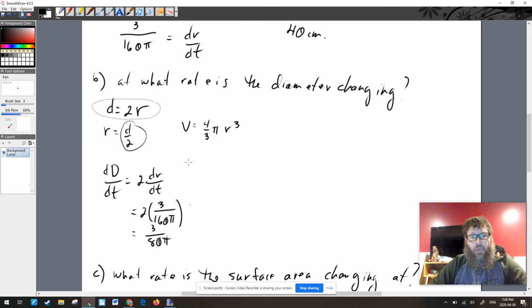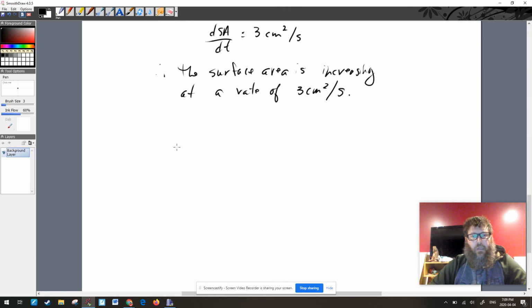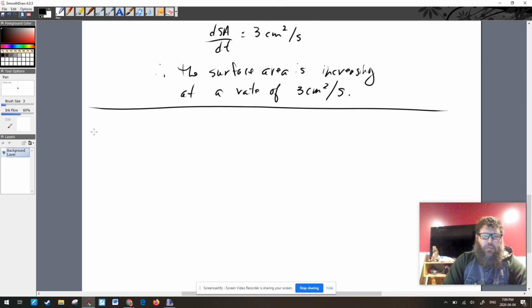Okay, so how about we do another problem here? What would be a good one? How about imagine the following. So what are we up to? Example 3.